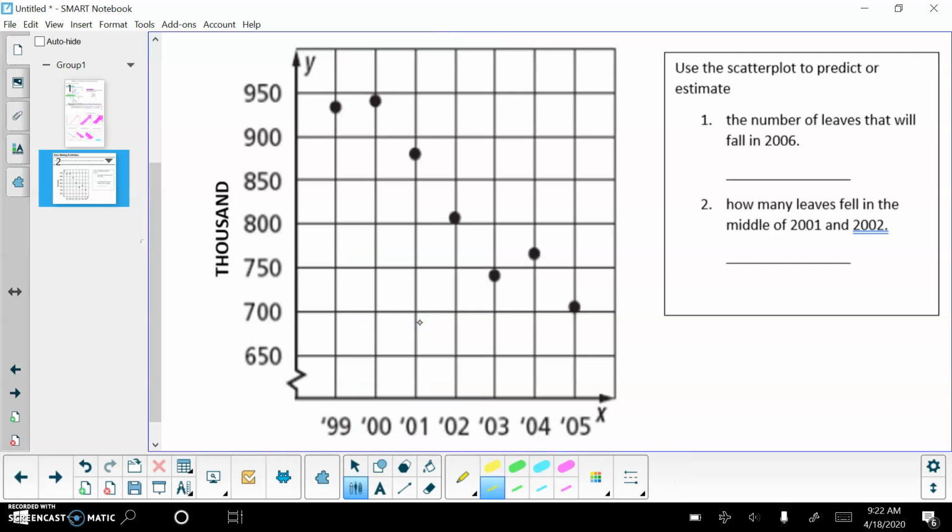Here's the lower part of where the dots are, here's the upper part for where the points are, and all my points are inside this little band of yellow. And they are going down, so I'm going to put the little arrow back to indicate that. That's a pretty tight little band, so I'm going to say not only is it a negative correlation, but it's a strong negative correlation.